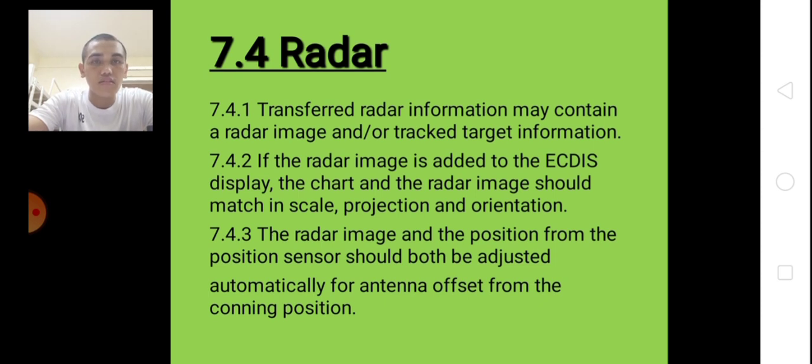Next is 7.4.3, the radar image and the position from the position sensor should both be adjusted automatically for antenna offset from the conning position.